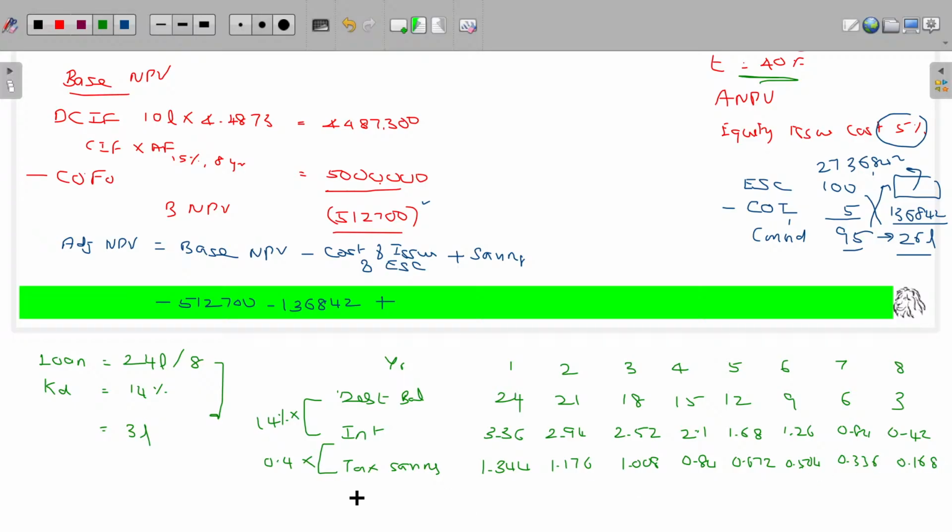And you have to find out the present value of all the tax savings by applying the PV factor here. PV factor at the rate of 14%. Debt component, no?